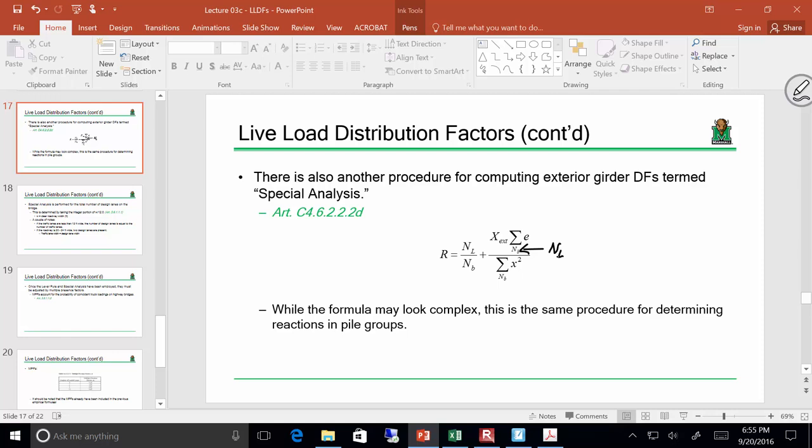So when we do special analysis for the first case, we're going to assume 1 lane loaded, so this is going to be 1. For the second case, we're going to assume both lanes loaded, and this is going to be 2. So if you had to do special analysis 8 times, you would do it with NL of 1, and then NL of 2, NL of 3, NL of 4, NL of 5, and just keep doing it. Make sense? All right.